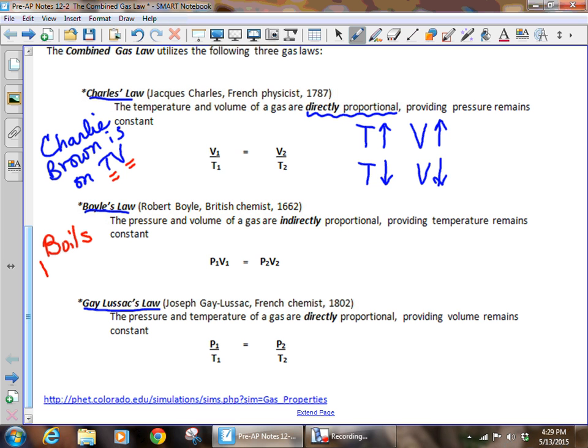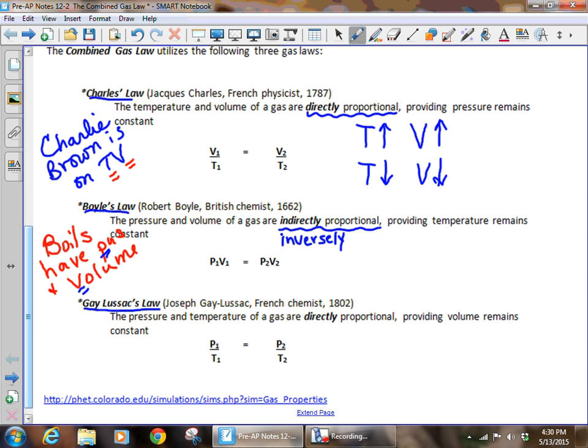Now the next one, not my favorite way of remembering it, but it works. So boils have pus and volume. Pretty gross, but it's to help us remember that Boyle's law deals with P and V, pressure and volume. And using this one, I can also talk about the fact that the gross one is the only one that is indirectly proportional or inversely related.